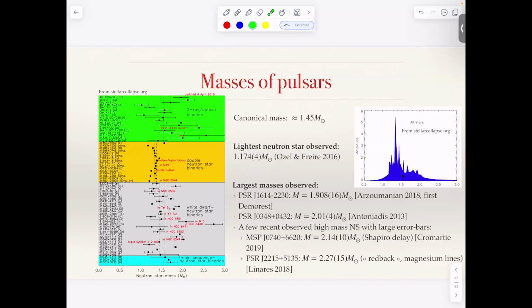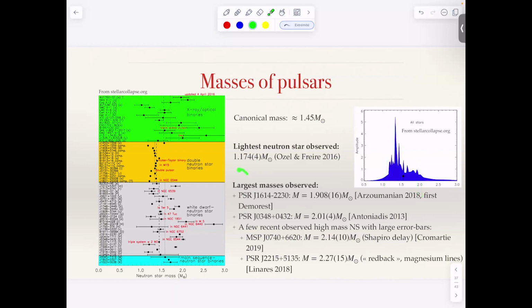So this is on one extreme. Here, for instance, you have the distribution of masses, the number of neutron stars observed by binning of masses.